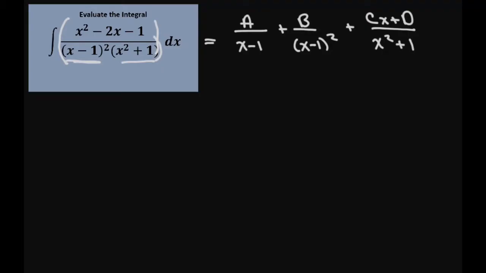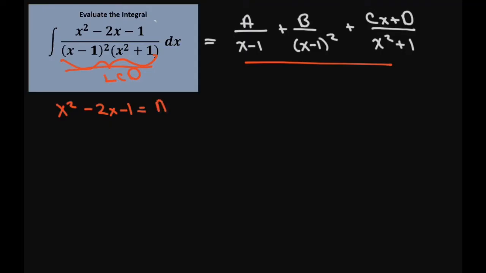All right, and now we're going to clear the fractions by multiplying through by your least common denominator. So if you multiply through, you're going to get x squared minus 2x minus 1 equals A, and you just write what's missing. So we're missing one of these x minus 1's, and then we still have x squared plus 1.